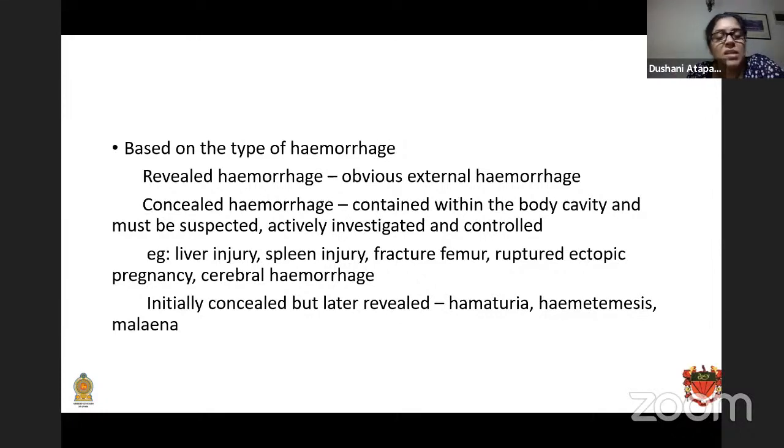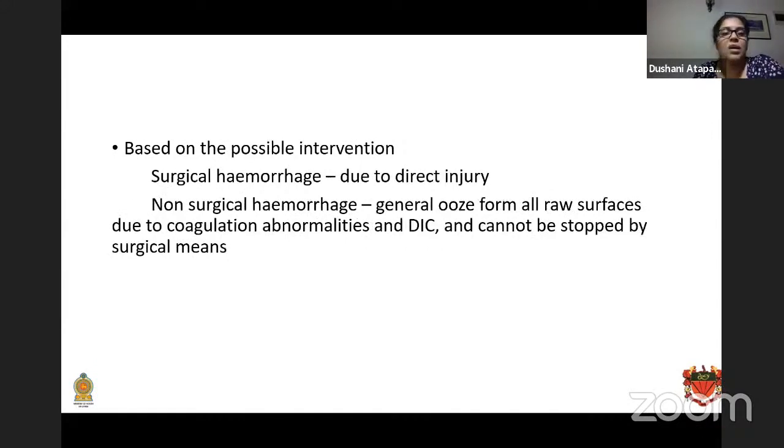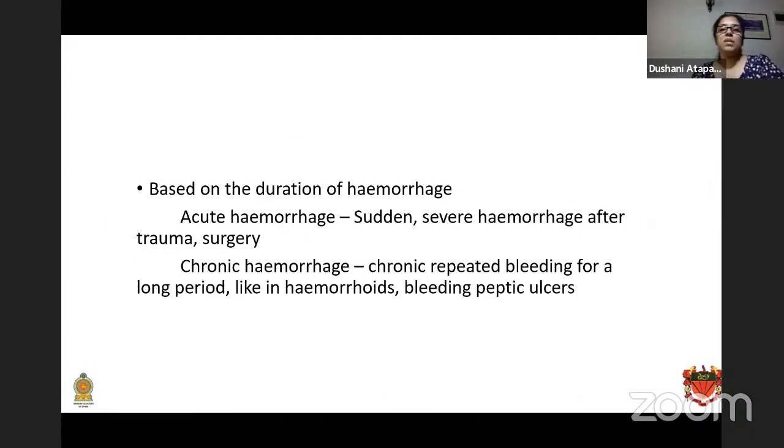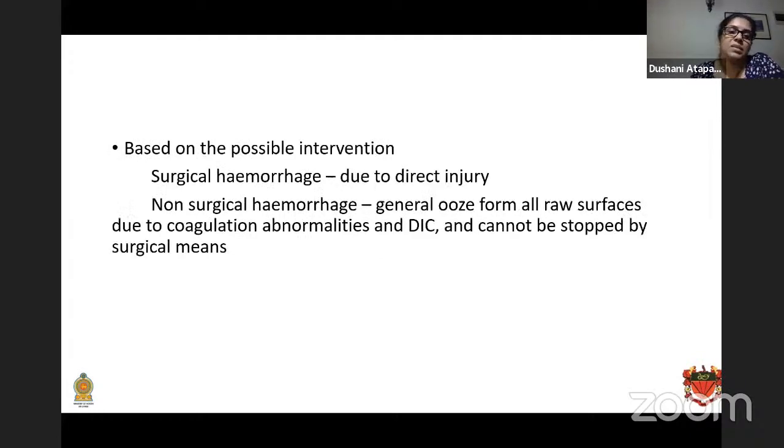Some bleeding is initially concealed but later revealed, like hematuria, hematemesis, and melena. Based on duration, it could be acute hemorrhage, a sudden severe hemorrhage due to trauma or surgery, or chronic hemorrhage, chronic repeated bleeding over a longer period, like in hemorrhoids and bleeding peptic ulcers.